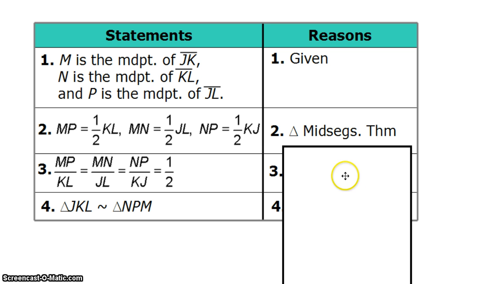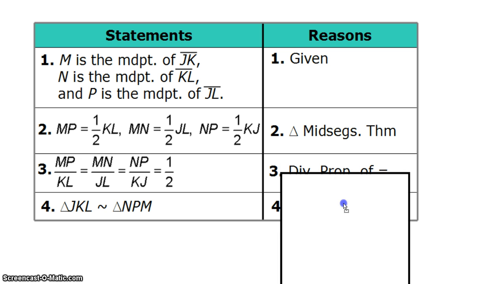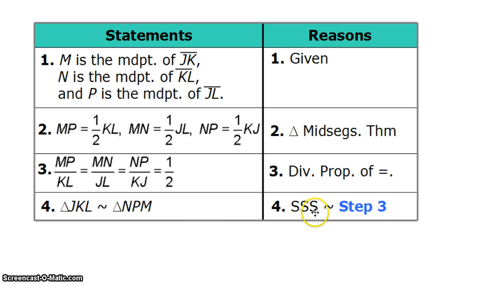I just said divide by KL, JL, and KJ. Okay, division property of equality, good job. So because they all have this equivalent ratio, 1/2, what would the reasoning be for their similarity? It's SSS. Good job, SSS.